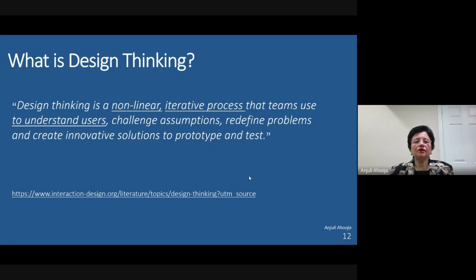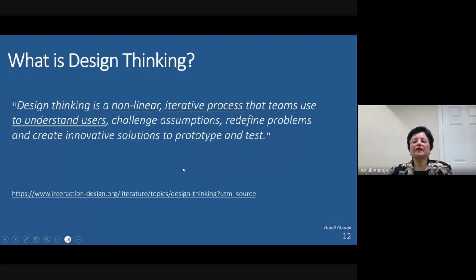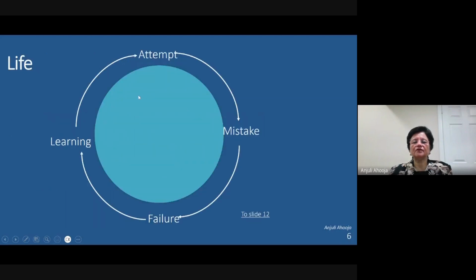So I want to go through this definition of design thinking, which I got from this site at the bottom here, and then go back to what we just talked about to review, because design thinking is non-linear, and that is what I said here. It is a non-linear process, and then it is iterative, and that's what we talked about.